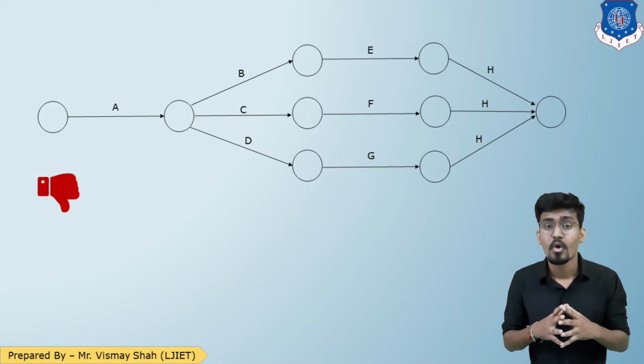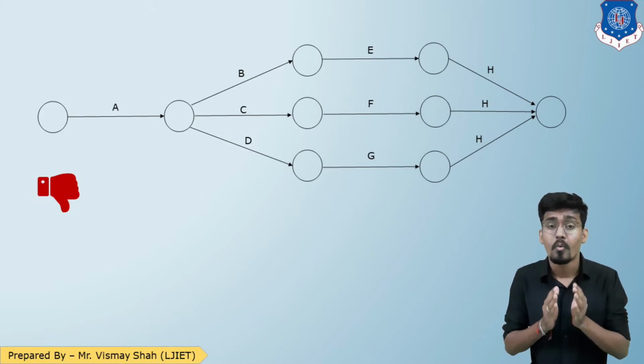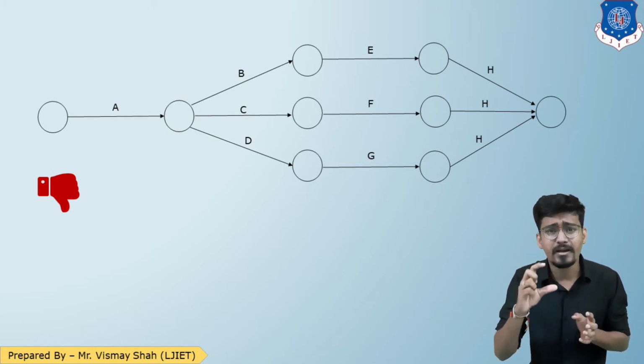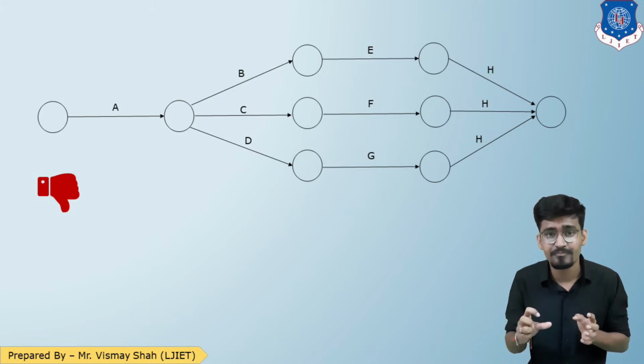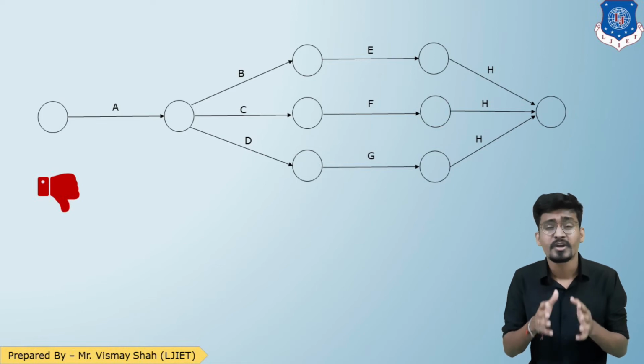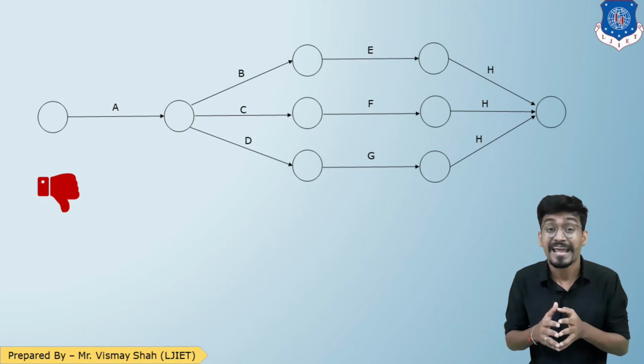So now focus on the drawing, students. What we can do, is it possible to merge the head events, the end points of E, F and G? Yes, it is possible.